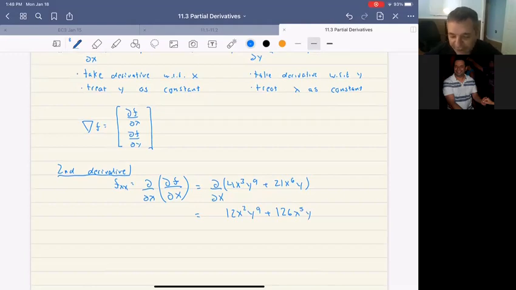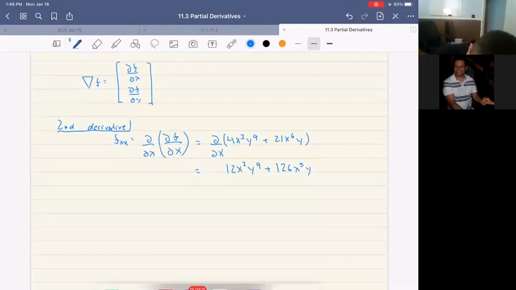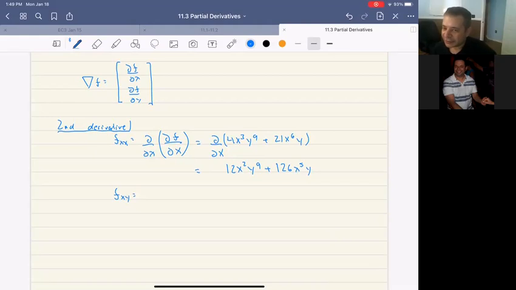Okay, so that's f sub xx. Let's also take f sub xy. Now, f sub xy is a little bit tricky, but you've got to keep track of it. This is actually the partial with respect to y of the partial of f with respect to x.